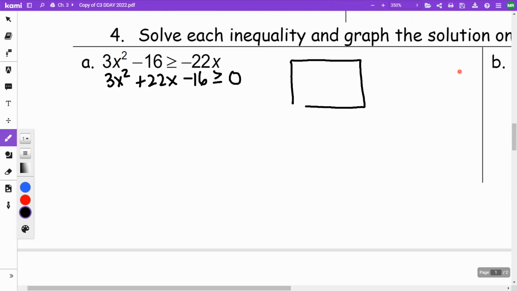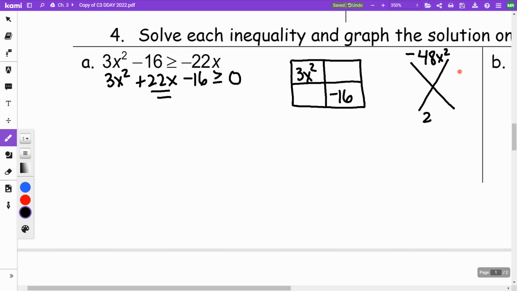So I'm going to have my box to diamond, and I'm going to have a 3x squared and a negative 16. And that's going to multiply to a negative 48x squared. And it needs to add to the 22x. So if I'm sitting here trying to figure this out, I'm thinking a 24 and a negative 2.